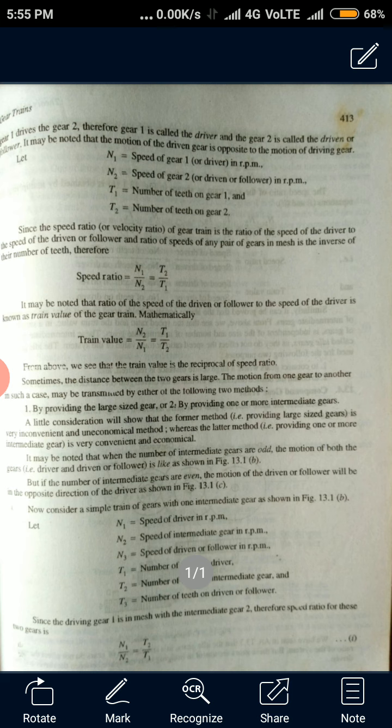There we used small n1, small n2, or small t and capital T. So here for the first sketch A, because we have only two gears, the speed ratio is given by N1 by N2 equal to T2 by T1. As you already know, the speed ratio is inversely proportional to the number of teeth, or diameters, or the radius.